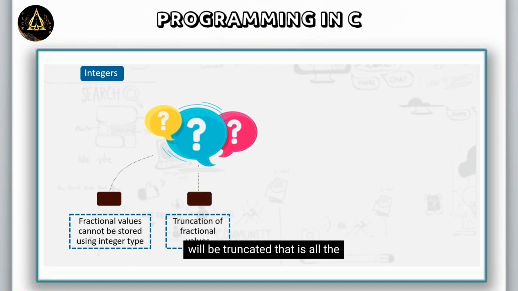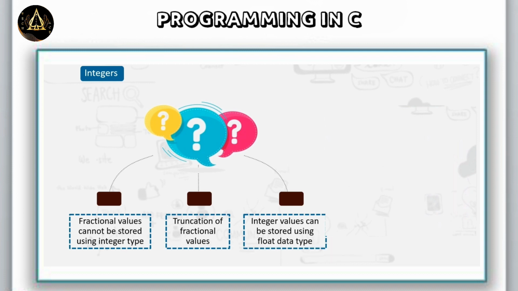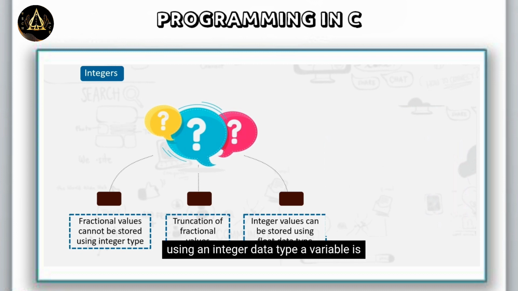That is, all the values after the decimal point will be truncated and will be stored as an integer value. Having said that, we can always store an integer value by using float data type, but we cannot store a fractional value using an integer data type.